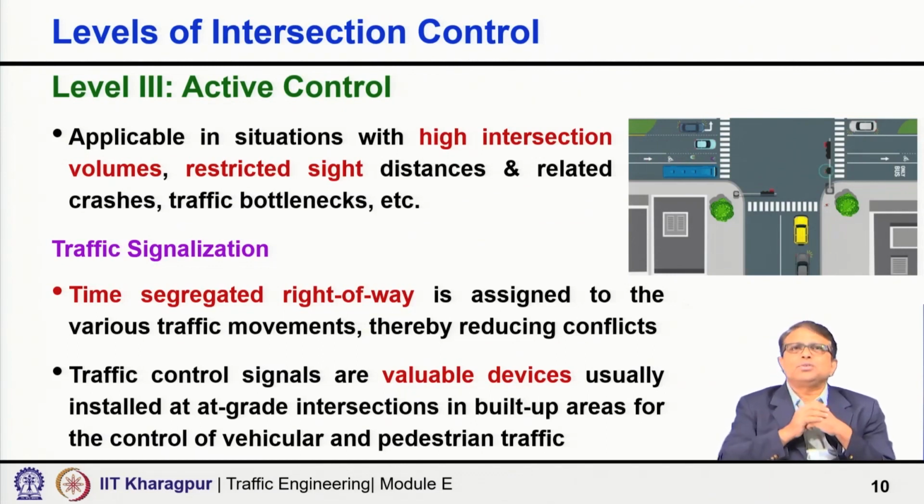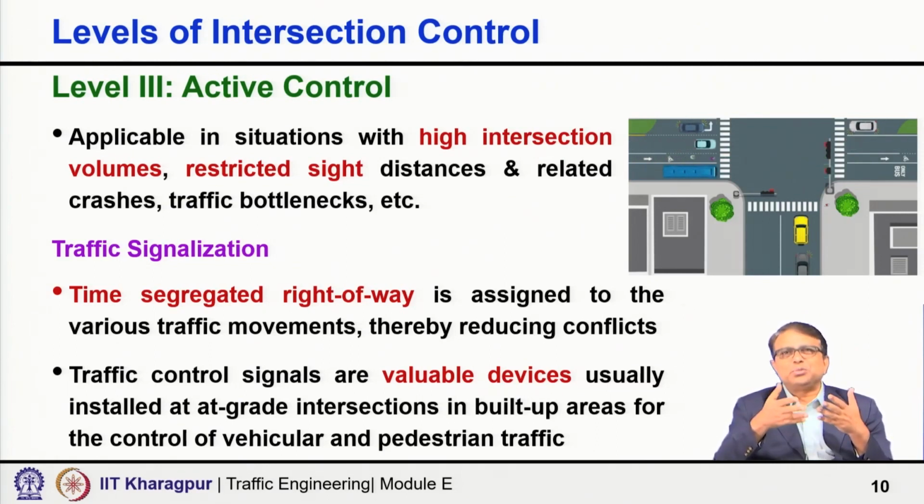Traffic control signals are valuable devices usually installed at grade intersections, typically in built up areas, for the control of vehicular as well as pedestrian traffic, because I mentioned in my first lecture on this module that conflicts may be due to vehicle movements or due to the movement of vehicles and pedestrians.